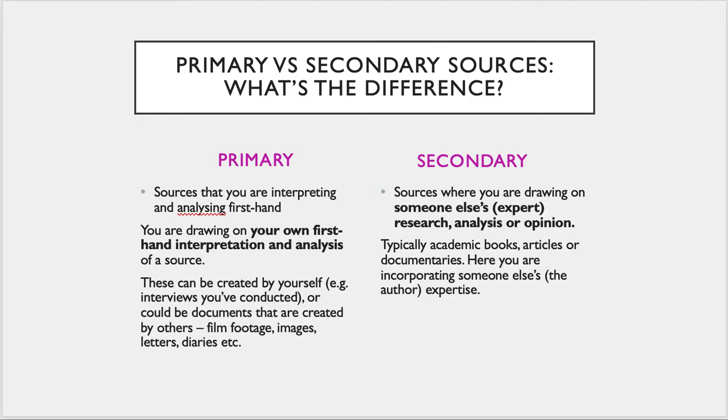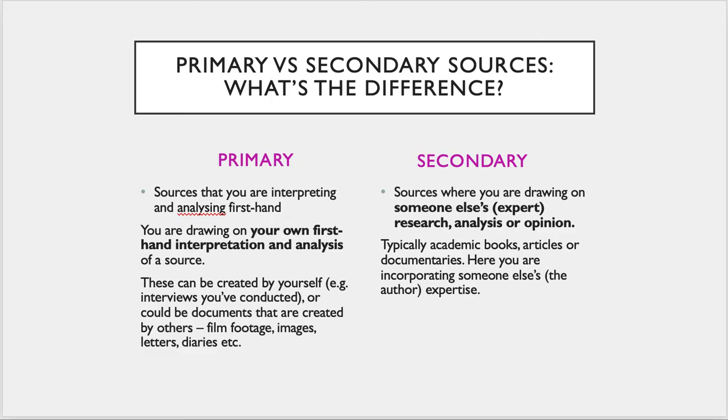So secondary sources, though, are also essential in research. So these are sources where we are drawing on someone else's, ideally expert, research, analysis, or opinion. So these are typically academic books, articles, or documentaries. So here you are incorporating someone else's, or really the author's, expertise into your argument.